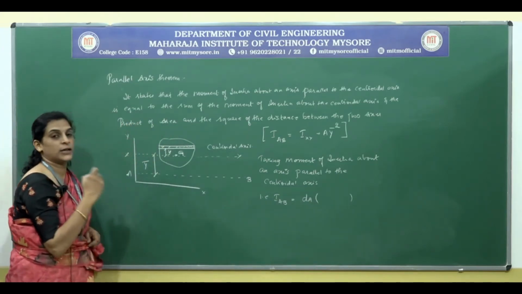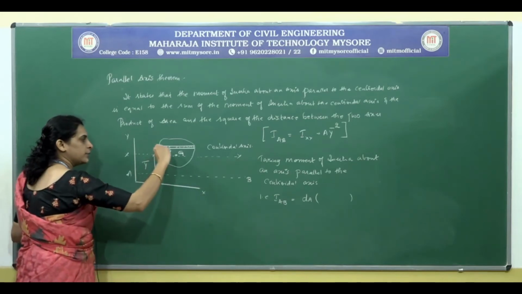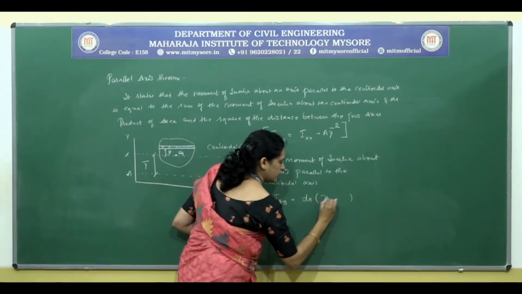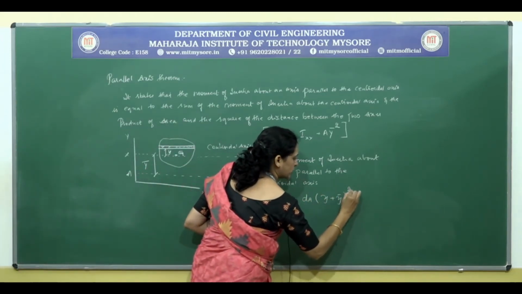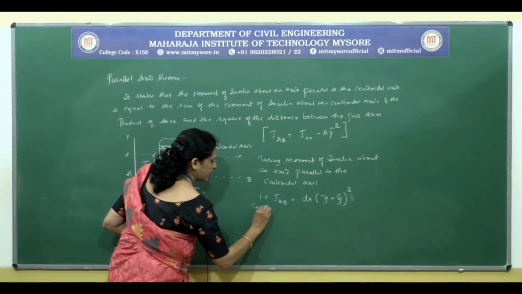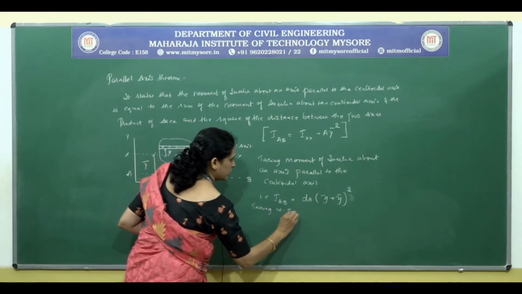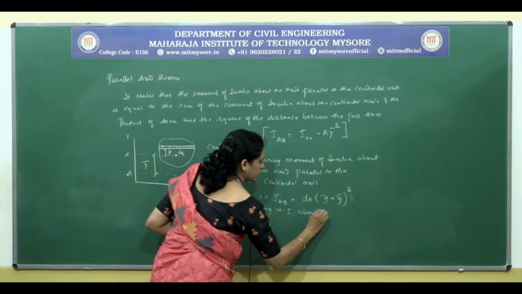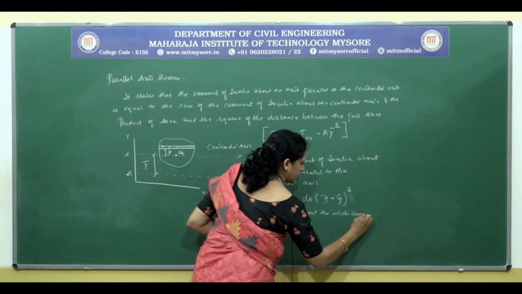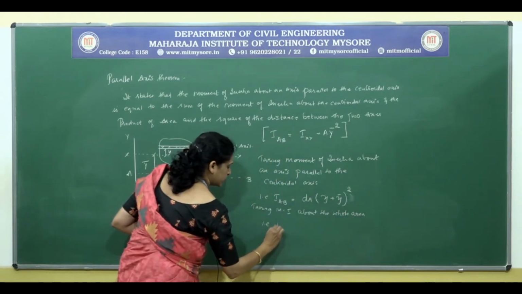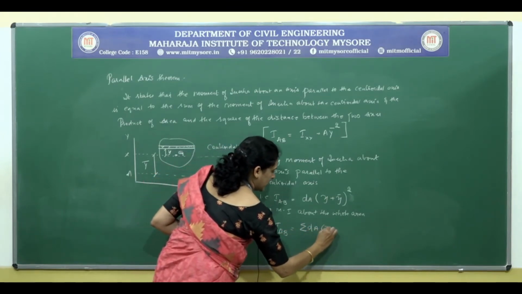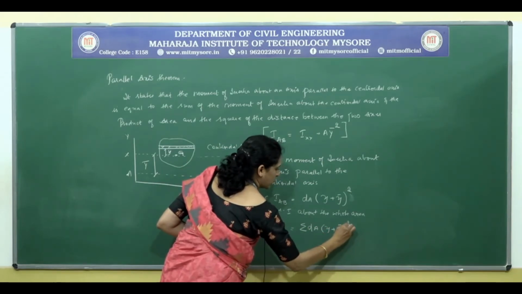So what is the distance that we are supposed to consider? It is y plus y bar. Therefore, it is the square of the distance. Next, taking the moment of inertia of the whole area, IAB is equal to summation of dA into y plus y bar whole square.